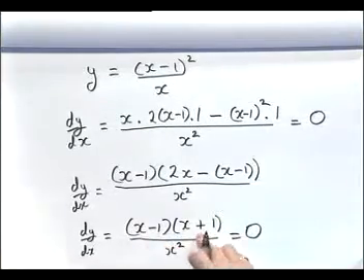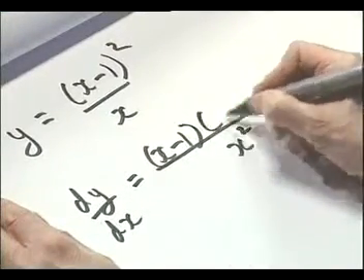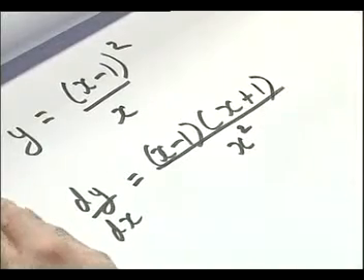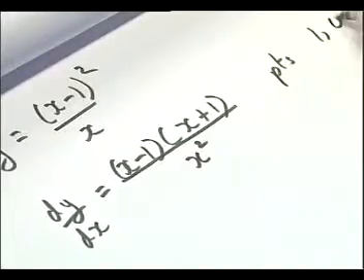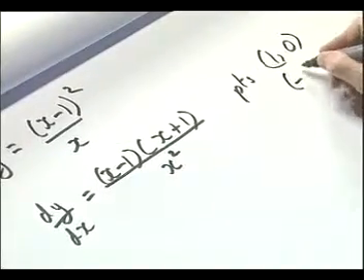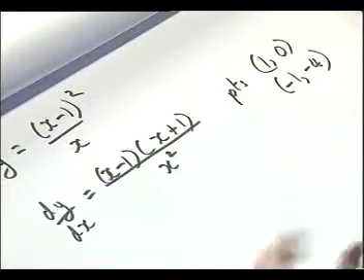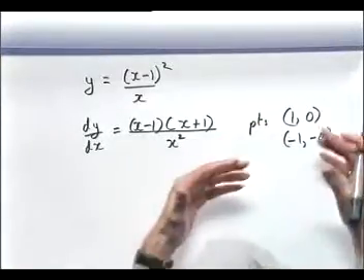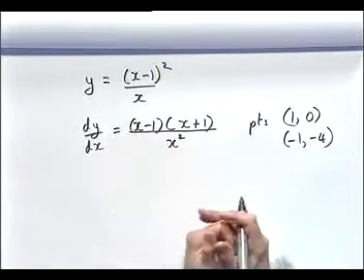It was (x minus 1) times by (x plus 1). And our 2 points are the points (1, 0), and (minus 1, minus 4). Now, in order to sort out if these are turning points, and if they are, which is a maximum and which is a minimum, then we need to differentiate this again.